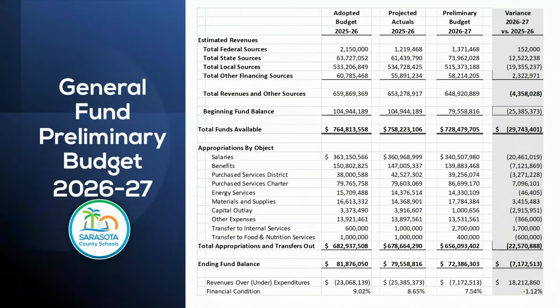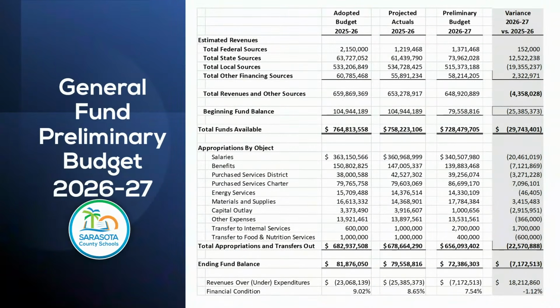So for the appropriations for salaries and benefits, due to the changes in the staffing allocations because of enrollment dropping, there was a savings there. And purchase services for the district is going to be trending a little bit lower. Again, as positions that are hard to fill have to get moved to that line item, we may see that go up.